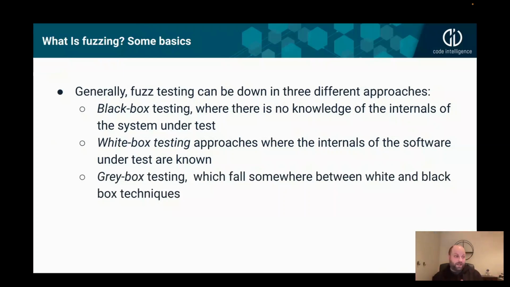Gray box testing is an important technique in software testing, but also in fuzz testing, where you have some knowledge of the internals of a system, or you have some kind of instrumentation that gives you a little bit of the internals between black and white box testing. So these are the three ways to think about how you approach testing a piece of software, fuzzing or otherwise.